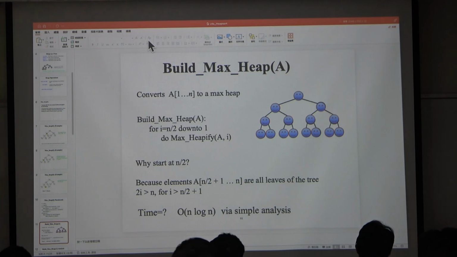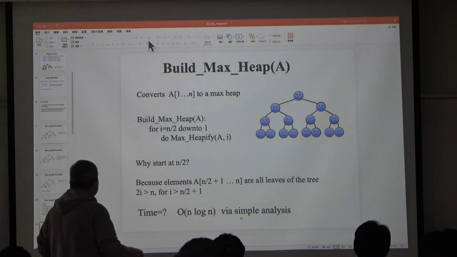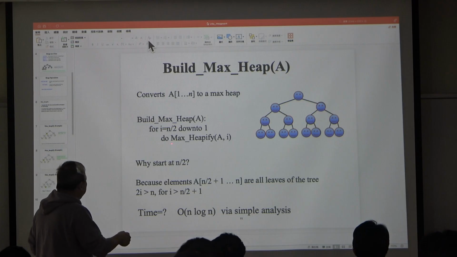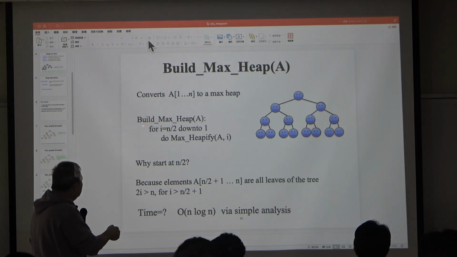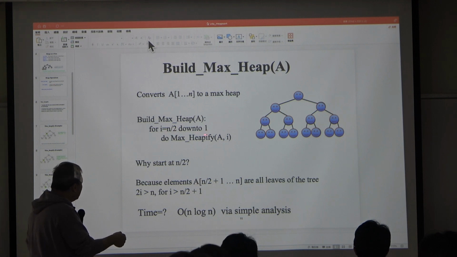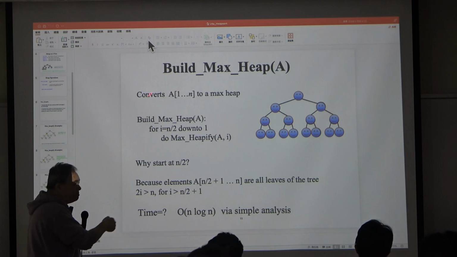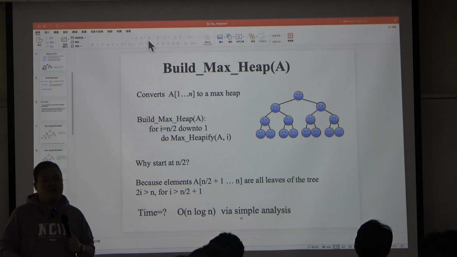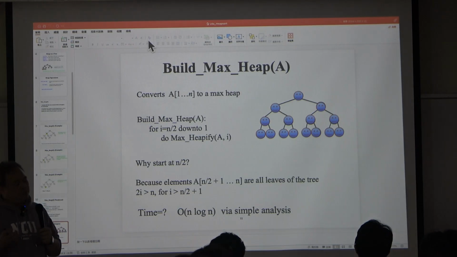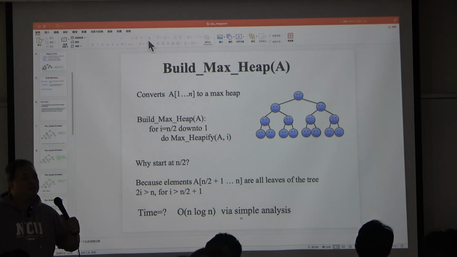Basically, we will call max heapify multiple times. In build max heap, it's very simple: for i from n divided by 2 down to 1, we do max heapify. With this loop, we are able to fix the whole array to make it a max heap.